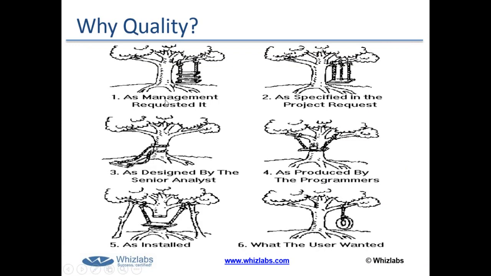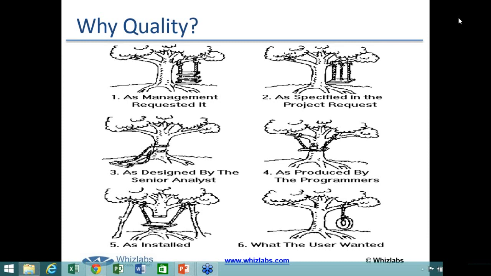Okay. So there are a few pictures given on the slide. Number one, as management requested it. Two, as specified in the project request. Third, as designed by a senior analyst. Fourth, as produced by the programmer. Fifth, as installed.